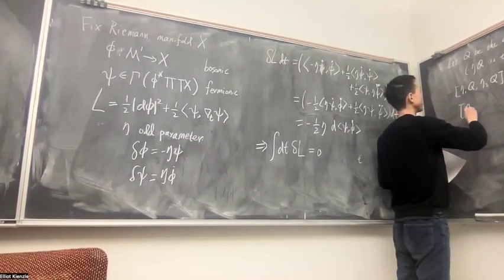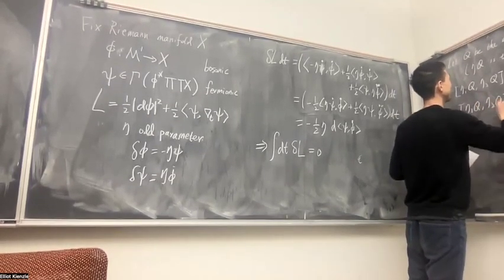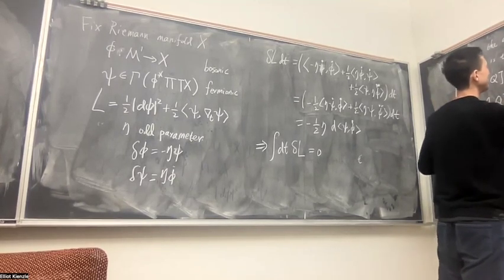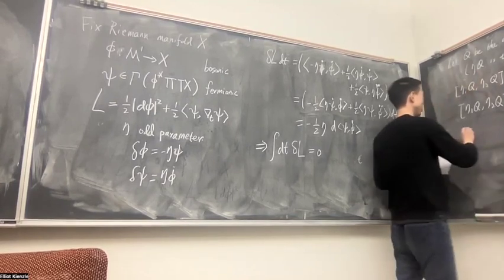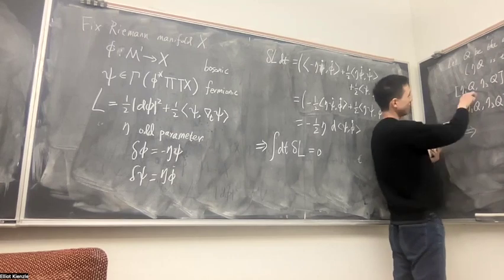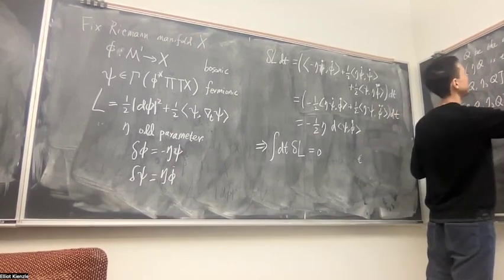And you can do a similar calculation of how they act on the fermionic field, and you will see basically the same thing. Okay, there's a factor of 2.